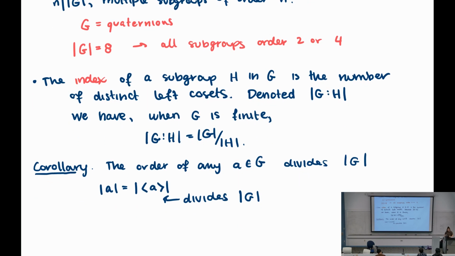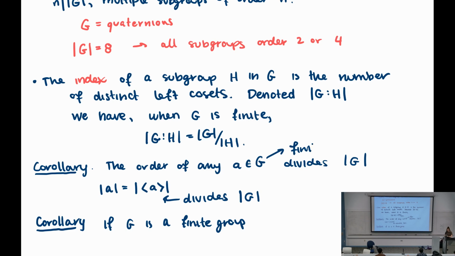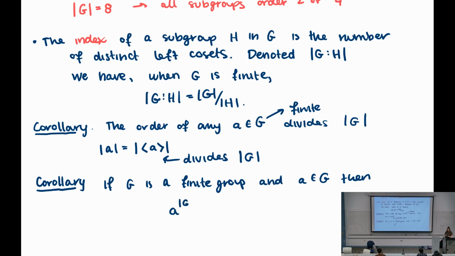Okay, so then as a corollary of this corollary, we have that if G is a finite group, and this should have also been finite here, which I guess is clear whenever we're talking about the order of G as a finite number, and A is in G, then A raised to the order of G power is equal to the identity.